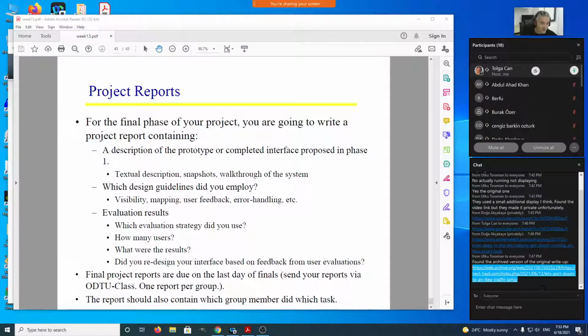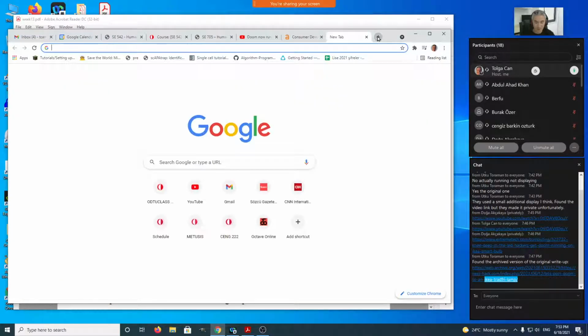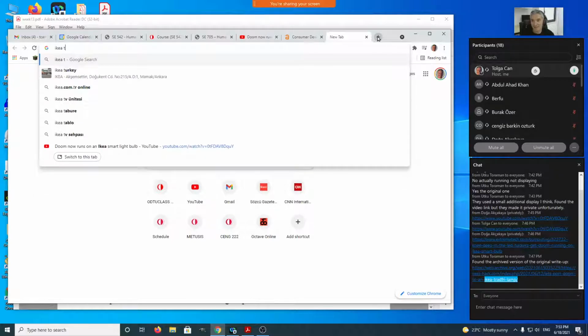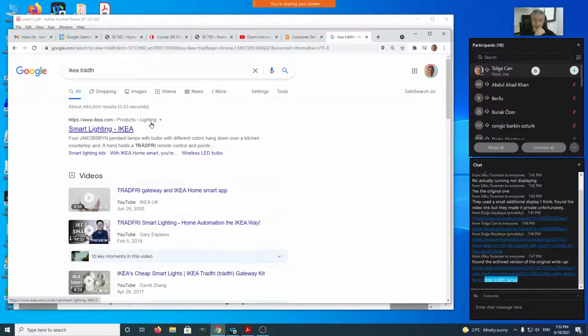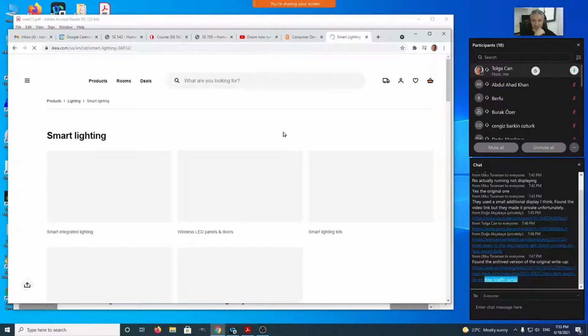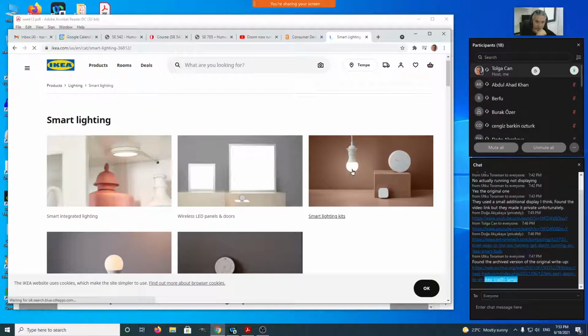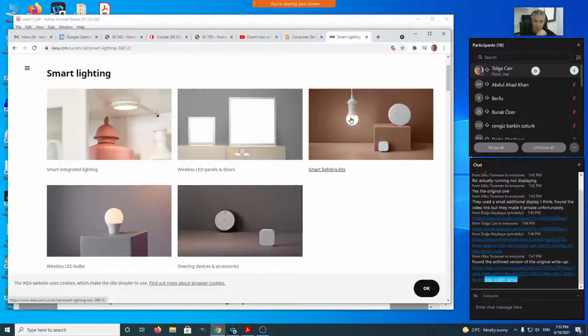Okay, so, wow, this is again the original write-up Utku shared with us about playing Doom on an IKEA Thread-free lamp. Let's see what kind of lamp it is and what processing power it has. Yeah, it's this one. Smart lighting. As I said, IKEA also jumped into this smart lighting idea, and you can buy these things. I have something like this at home, for about 70 liras. Since it's LED, you can have different colors and control it from your smartphone.